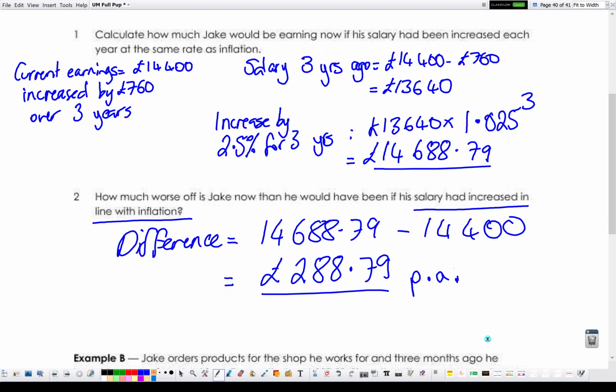You may run into debt. So it's just to show you that even though salaries can be increased, that's great. Ideally, we want them to increase at a minimum in line with inflation, and if possible, higher than that.